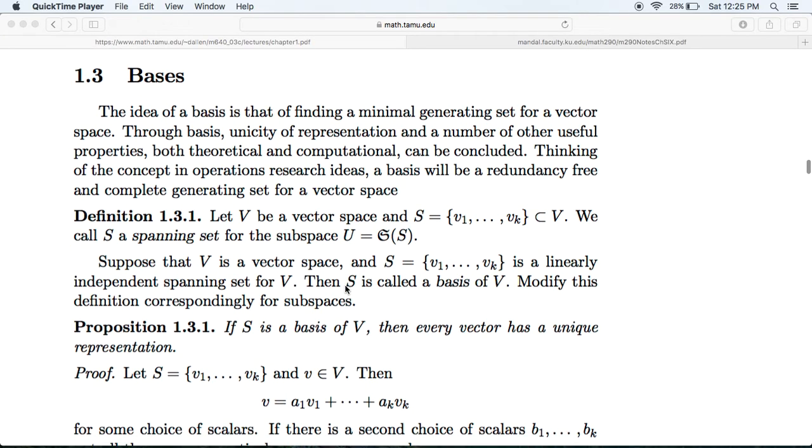Now comes the important aspect of basis. But first, a definition.